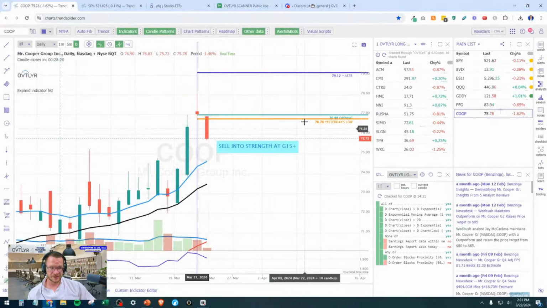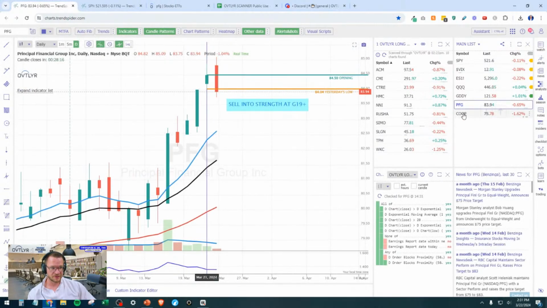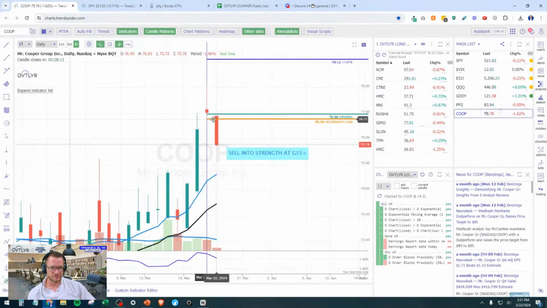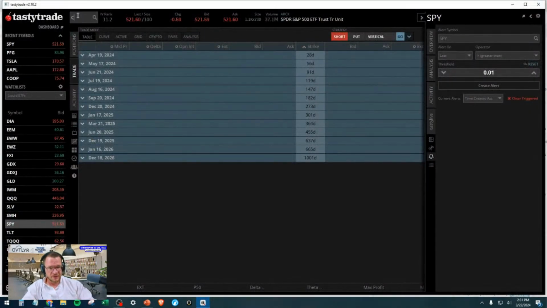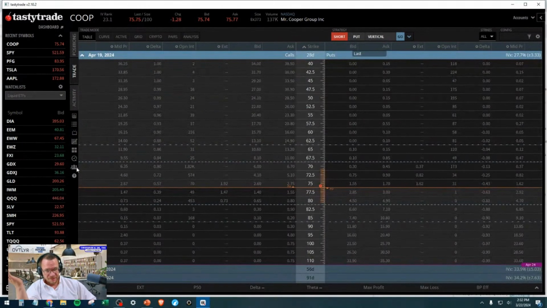This one is not like PFG, where it's like a handful of pennies off. This one is a full $1 below. I don't think it's going to make back $1 in the next 15 minutes. So I'm going to get out of Coop, close position, for the sole reason that it's below yesterday's low. Like I say, it could definitely continue on. It's just going to continue on without me.